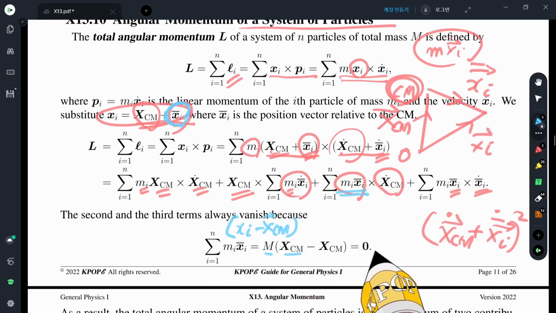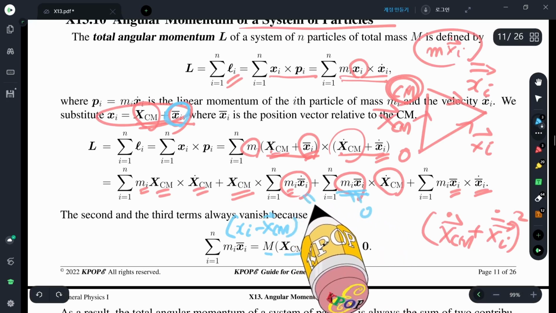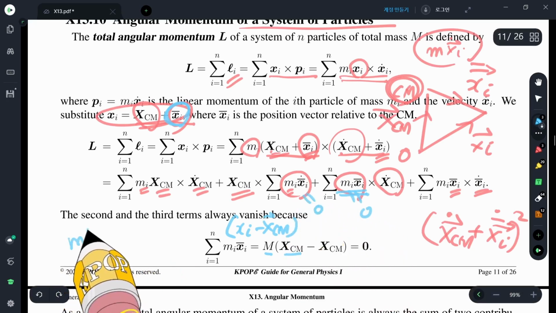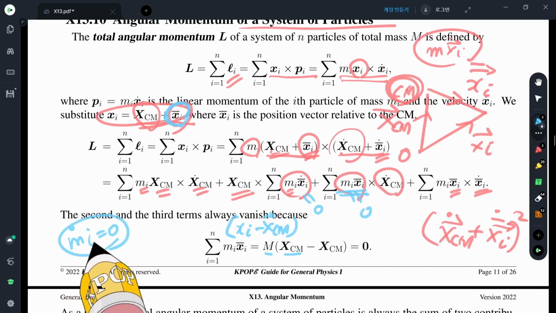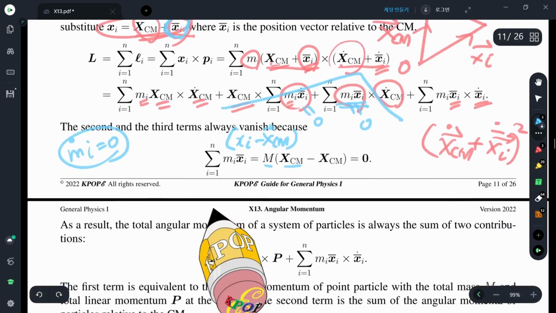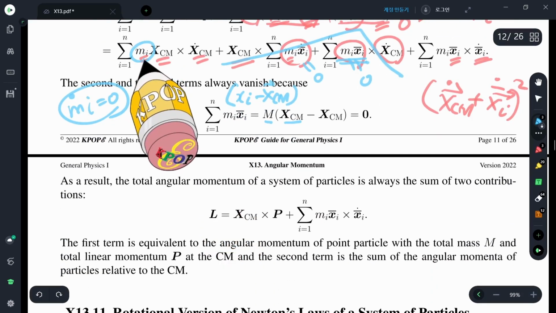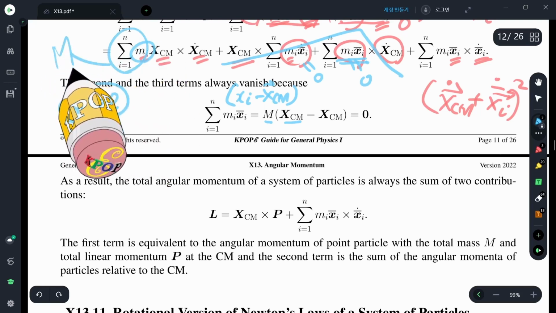So this one vanishes. If it is 0, its time derivative is also 0. Sure, we are working in the framework of non-relativistic theory in which m_i dot vanishes. So these two disappear. I can sum this mass to find this one is capital M.